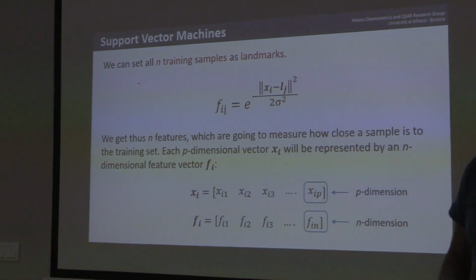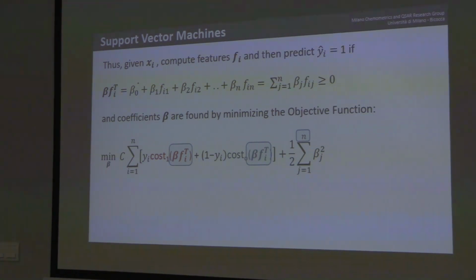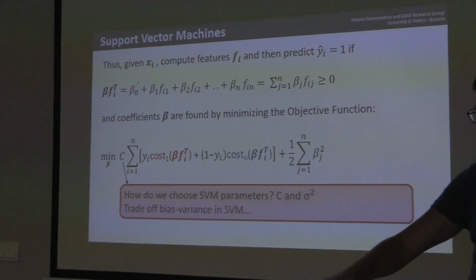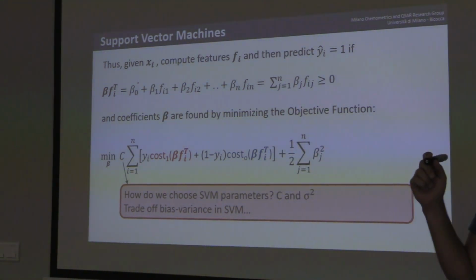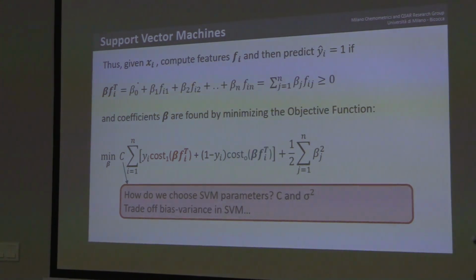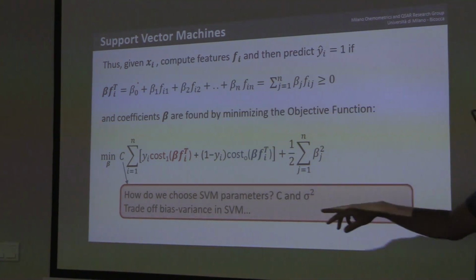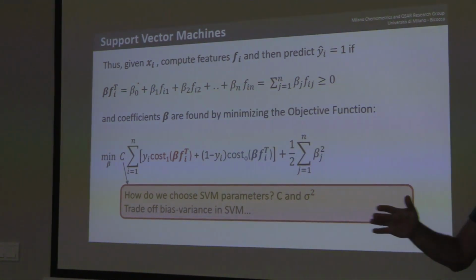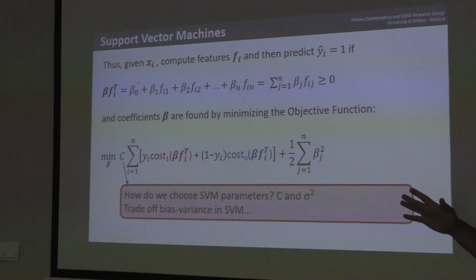How do we do that? As we do to choose the number of latent variables in PLSDA, or to choose the number of trees for random forest, we do a cross-validation, a trial and error procedure. We can change C, we can change sigma and see in cross validation which is the best option.